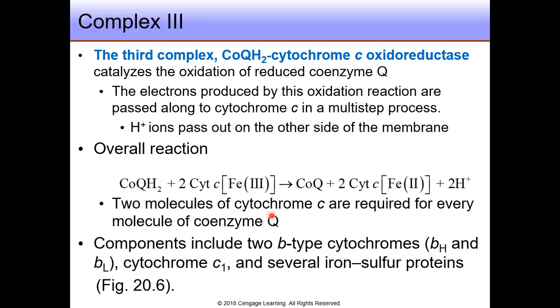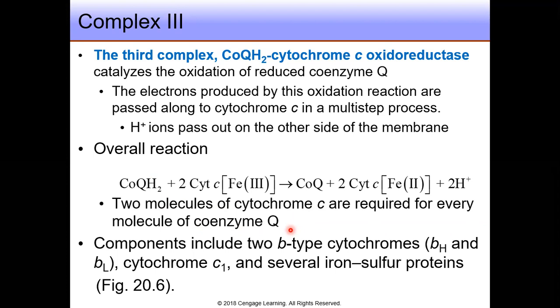Now 2 molecules of cytochrome c are required for every molecule of coenzyme Q. Why? Because the oxidation of CoQ involves 2 electrons, whereas the reduction of iron 3 to iron 2 requires only 1 electron.